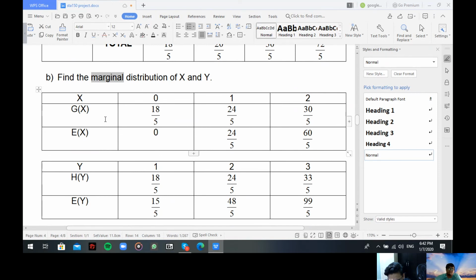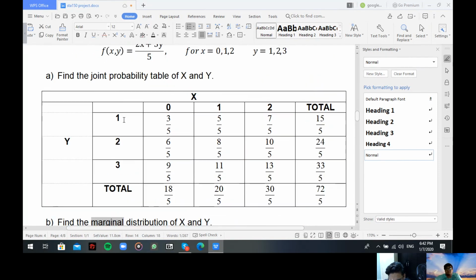First, x, g(x). This is called h(y). This 72 over 5 is not h(y) or g(x). Only this, because look, this is y.